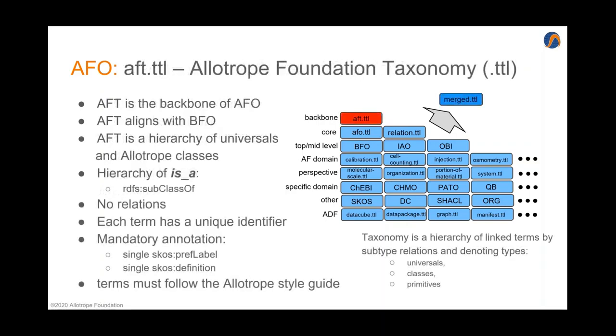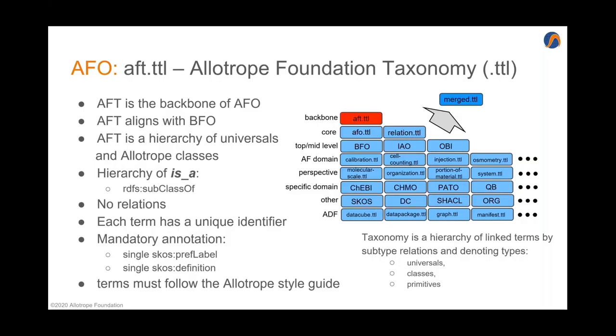At the top, the backbone is the Allotrope Foundation Taxonomy, the AFT. The AFT aligns with BFO that we have just seen. AFT is a hierarchy of universals, meaning that the only relation is subclass of. It's a taxonomy. It's a tree, just subclass of.